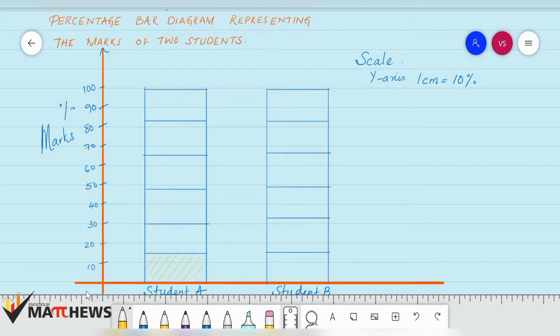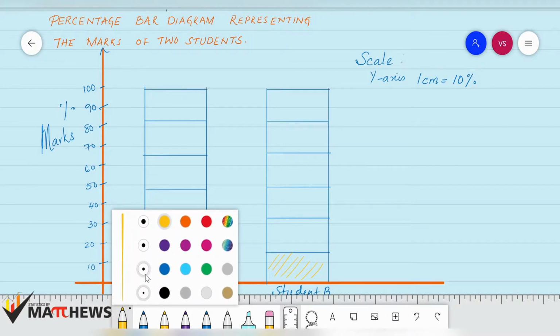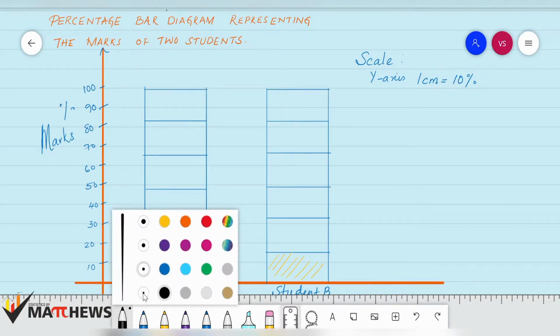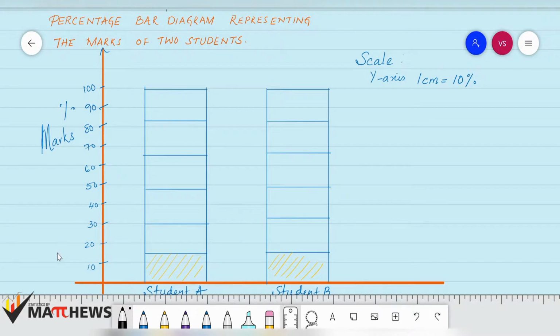Then the next would be this plus, everywhere plus.